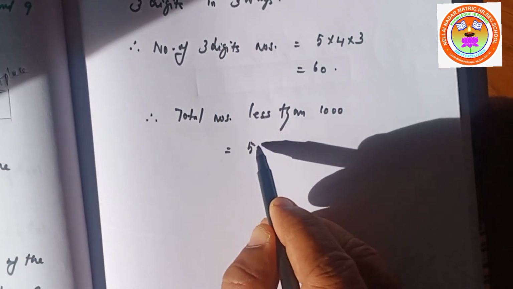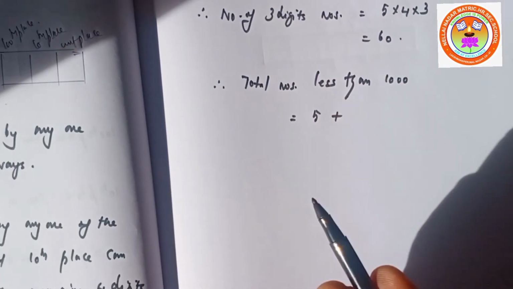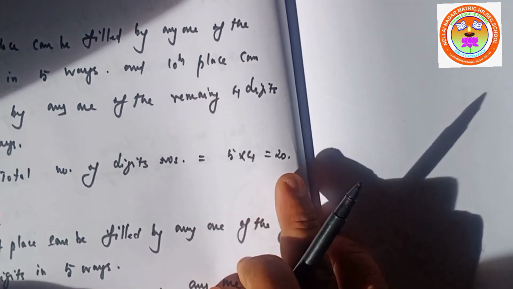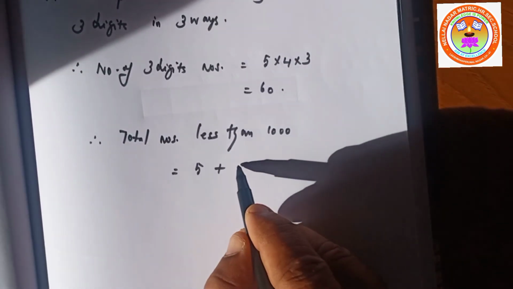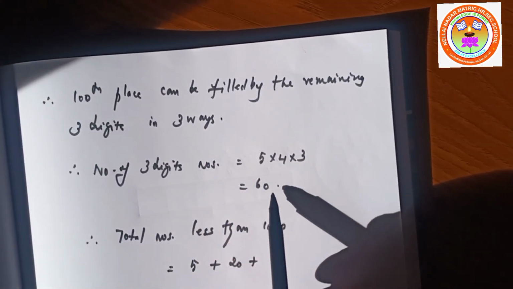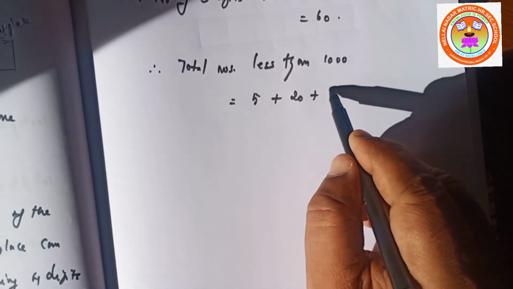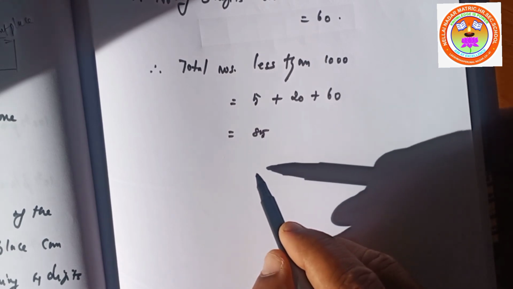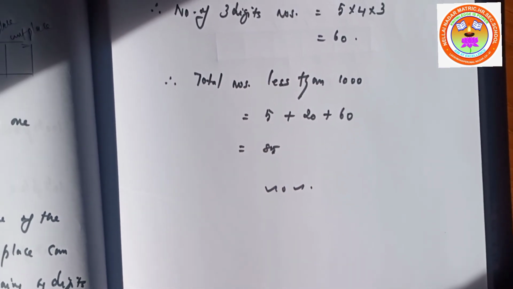So 5 plus, 'or' means addition. In the second case we have 20, correct? Plus 20. And in the third case we have 60. If we add, we get 85. So the total numbers less than 1000 is 85.